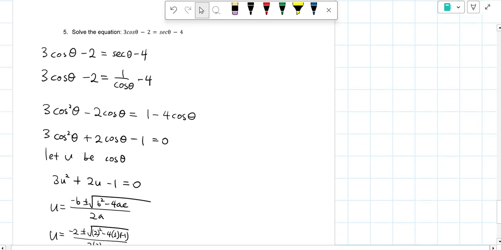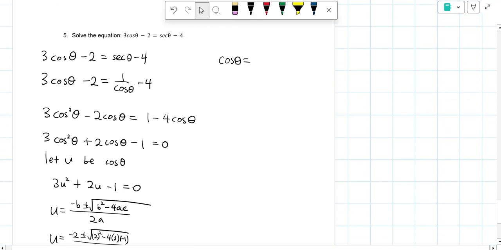Let's bring this up here again. Cosine theta is equal to 1 over 3, or cosine theta is equal to negative 1. Let's solve cosine theta is equal to negative 1 first. Remember that for plus or minus 1 or zeros, it's better to use the unit circle instead of a special triangle.